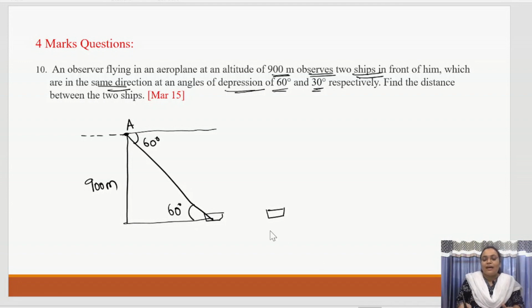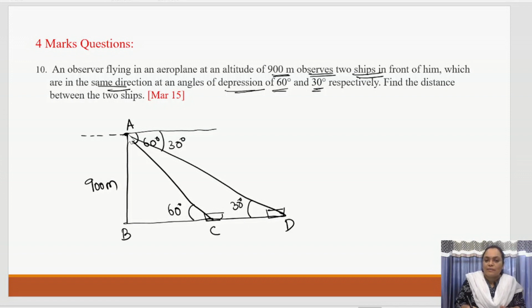Again, angle of depression of 30 degrees. Again from here, he sees the other ship at an angle of 30 degrees. From the observer point, this angle will be 30 degrees. If this is 30, this will be 30 degrees.